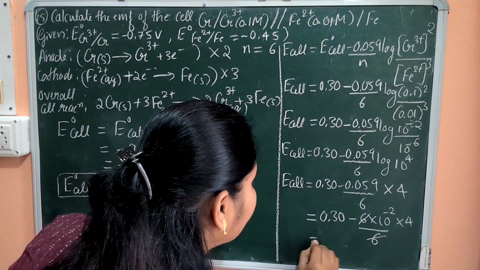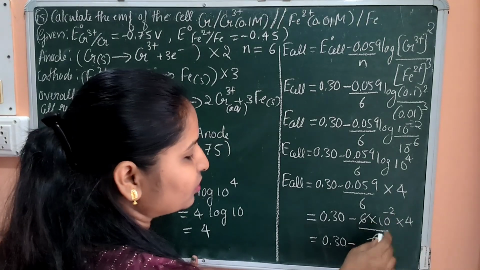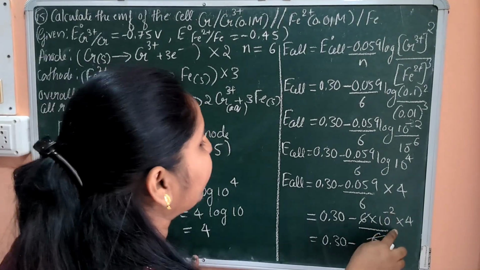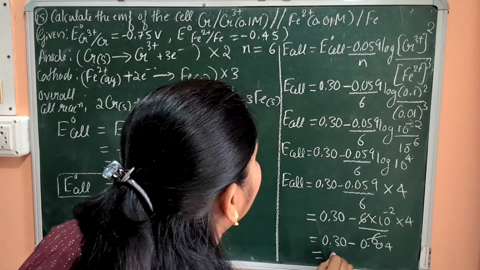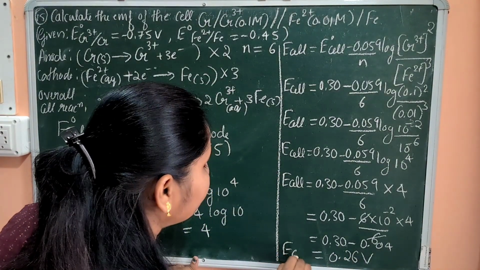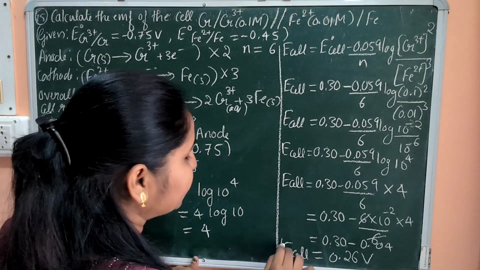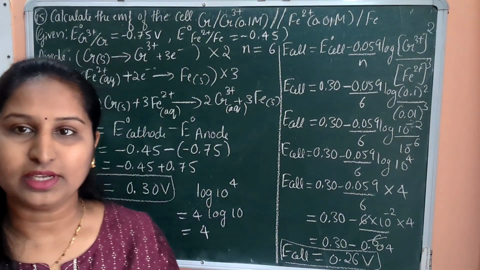So now this will become 0.30 minus 4 into 10 to the power minus 2, which is nothing but 0.04. So the answer is 0.26 volt for the EMF of the cell. The EMF of the given cell is 0.26 volt.